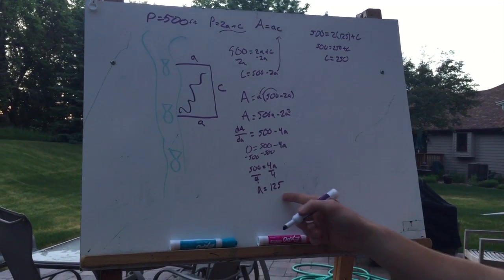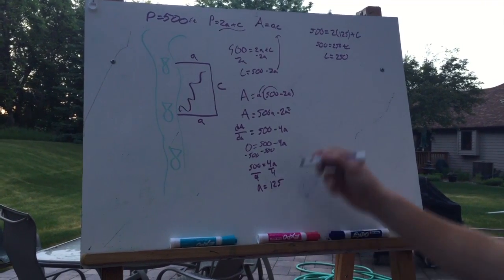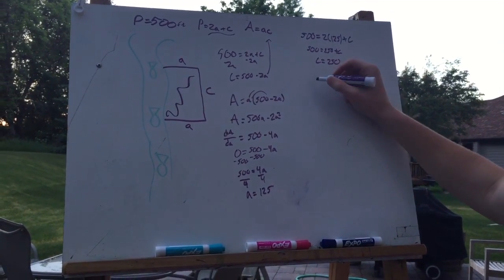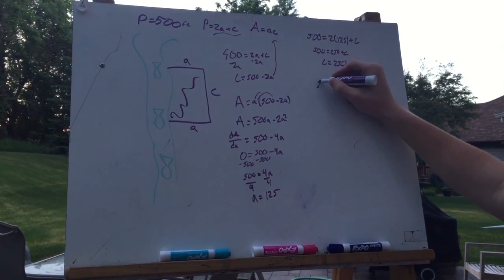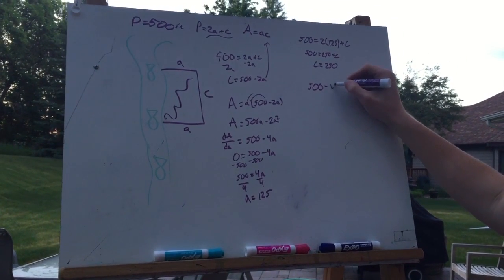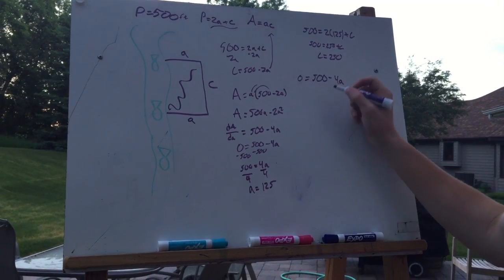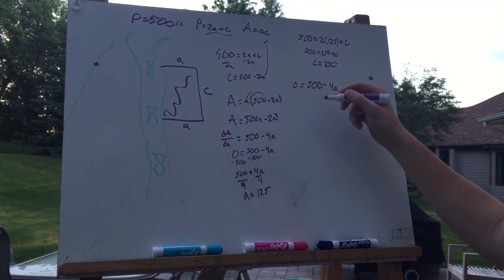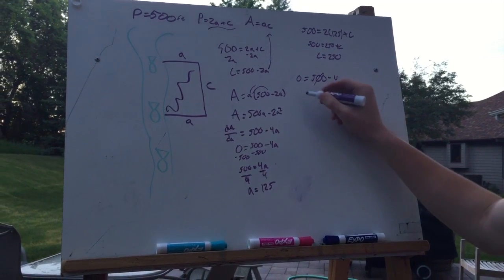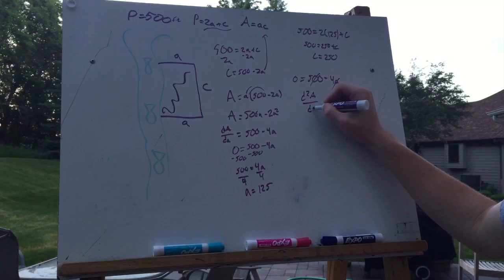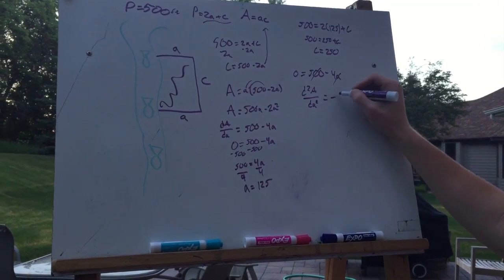Now, we can prove that this is the maximum value. We can prove that this is the maximum by taking our derivative and taking its derivative again. So this will cancel and that will cancel. So our second derivative is equal to negative 4.